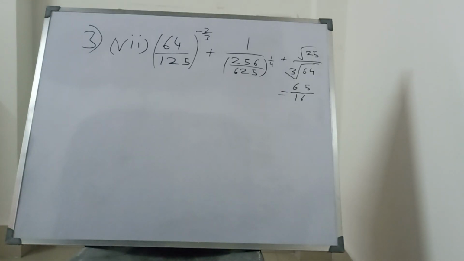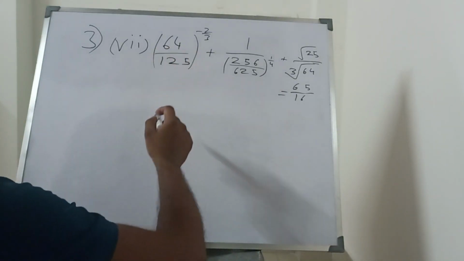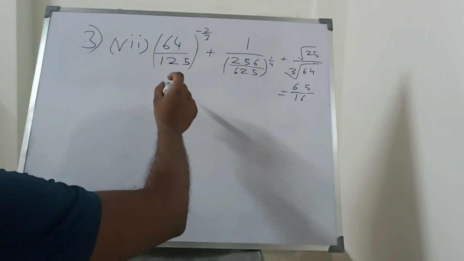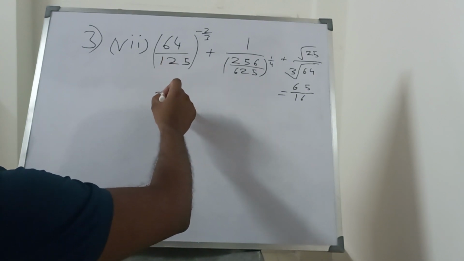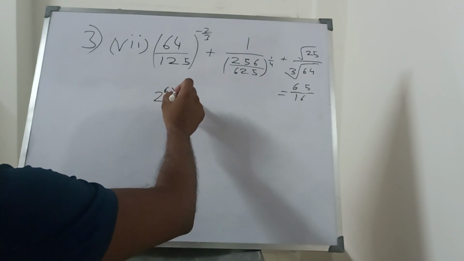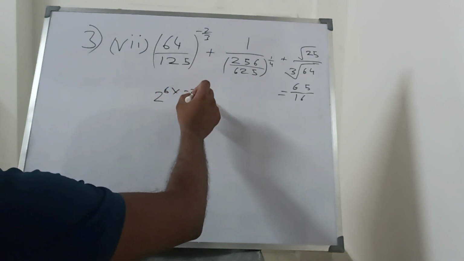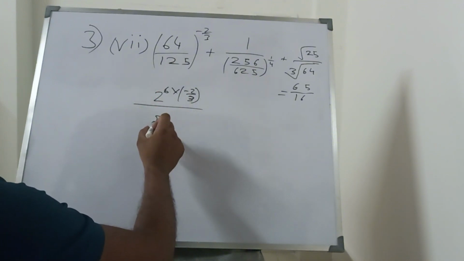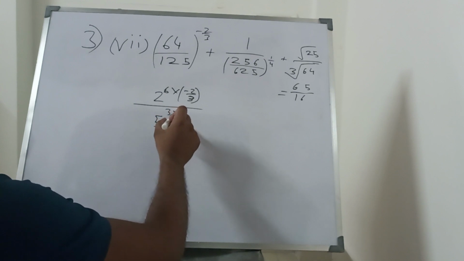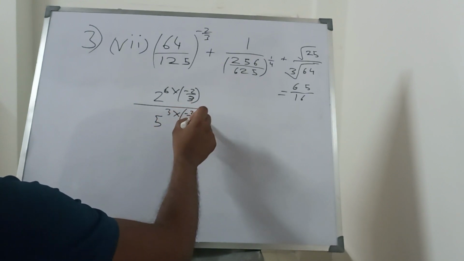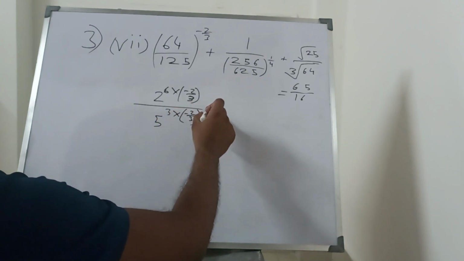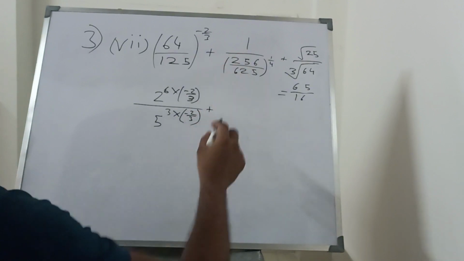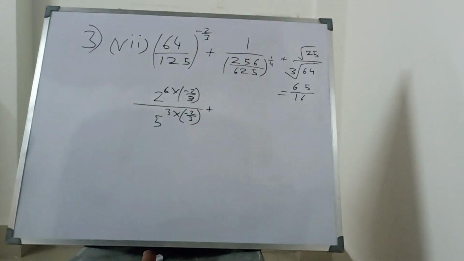Students, we have 64 divided by 125. So 64 can be written as 2 to the power 6 into this power minus 2 by 3, divided by 125, so that is 5 cube into minus 2 by 3, and over here 1 by 256 divided by 625.